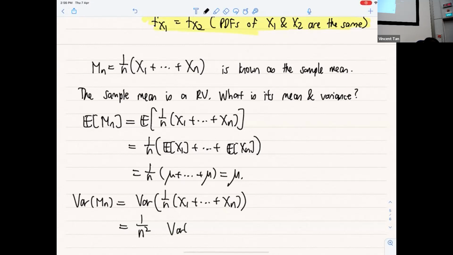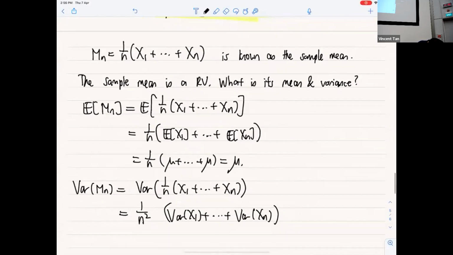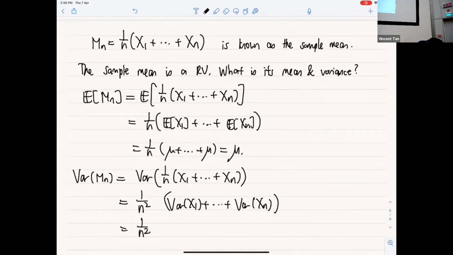And we have variance of X1 plus dot dot dot plus variance of Xn. Now the variance of each person is the same. It's called sigma squared. So we have sigma squared plus dot dot dot plus sigma squared. How many sigma squareds are there? N, but we have n squared there, so we cancel one. We have sigma squared over n.